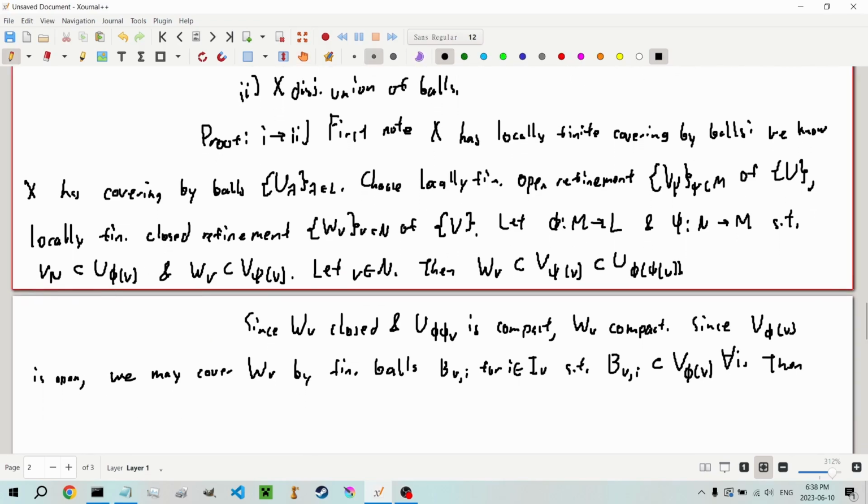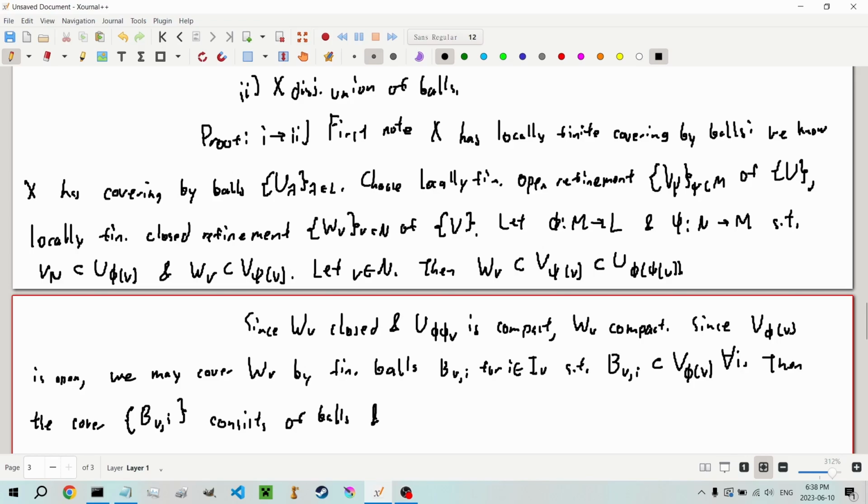Then the covering B consisting of B nu i consists of balls and is locally finite. Since any ball V meets at most finitely many W nu, and hence only finitely many B nu prime i prime, for whatever that must be, V being nu, because I misspoke.